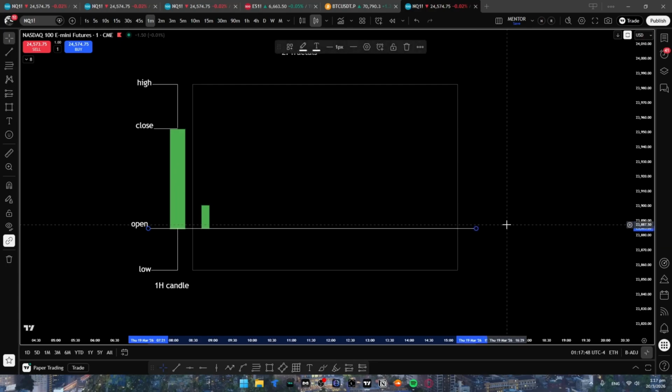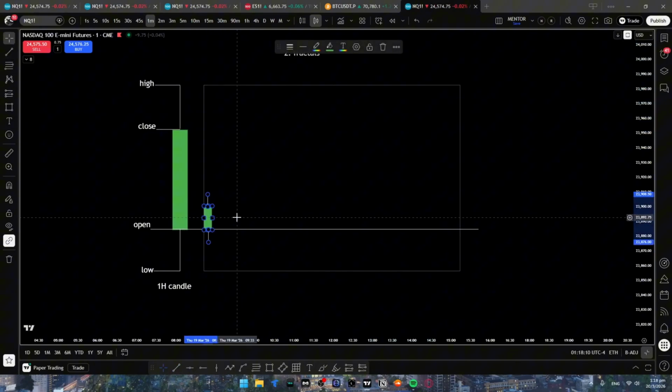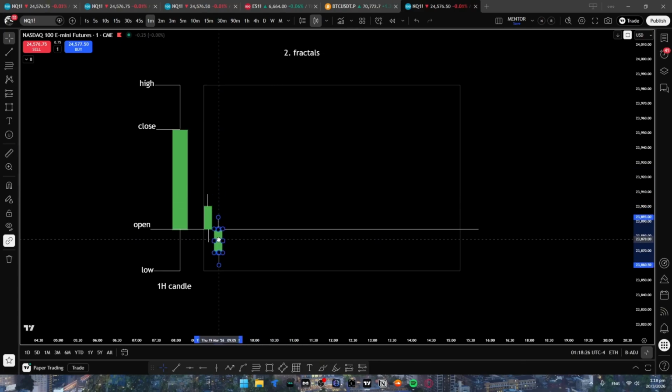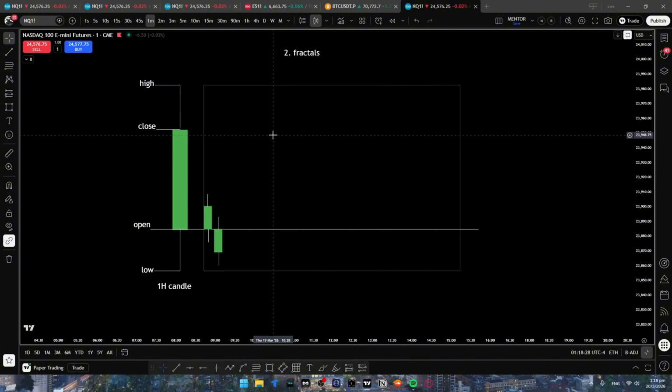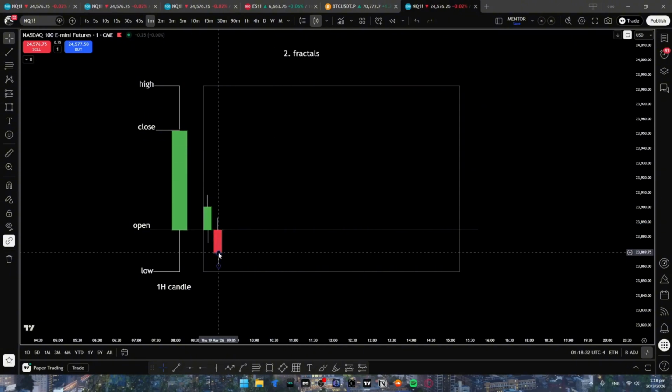Okay, so this is the opening price, right? And then we have tiny candles in there. Actually, it goes down first. And then I'll make this a big candle. And it goes here.